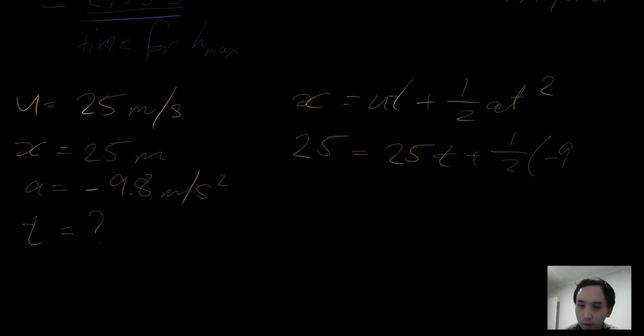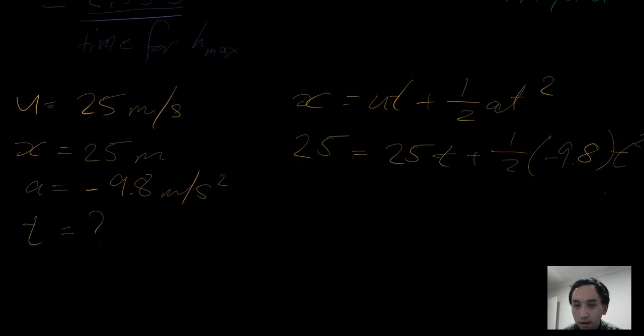A is negative 9.8, t squared, t is still unknown. Whoa, another quadratic. Here we go. If you want to solve a quadratic, naturally you need to make one side equal to 0. So maybe I'll make my t squared coefficient positive. I'm going to take everything to the left. So this means that the right hand side of the equation will equal 0.